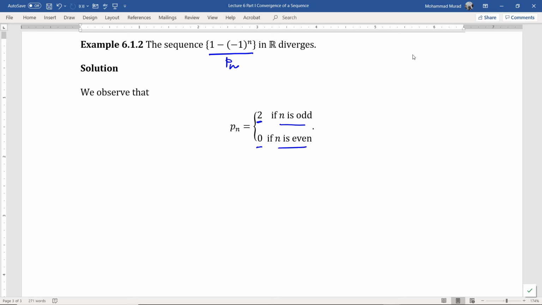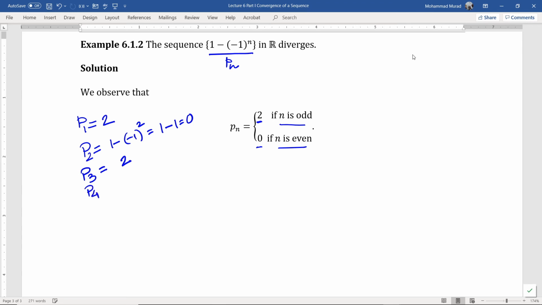For example, p sub 1 equals 2. Similarly, p sub 2 equals 0. P sub 3 equals 2.